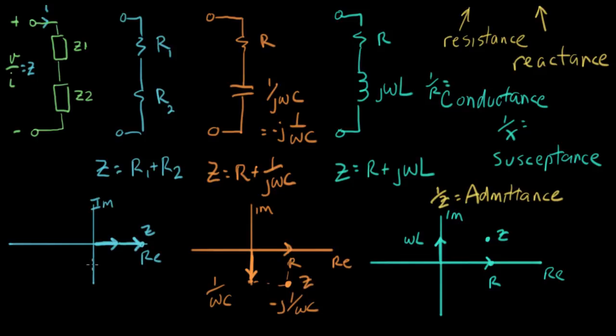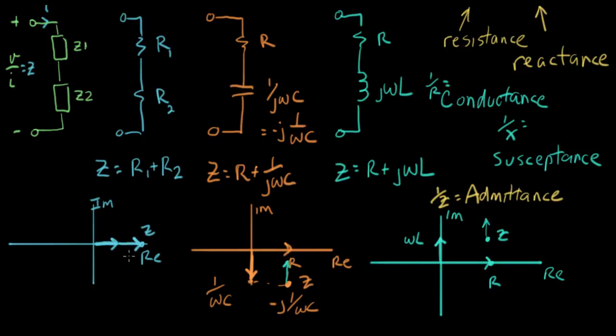Now you notice, let's say we change omega. Let's say omega is varying. Omega goes up. In this case here, omega goes up. This point will travel up. It'll move in the complex plane if omega changes. This one, if omega gets bigger for a capacitor, that means that this number gets smaller, and this will move in this direction.